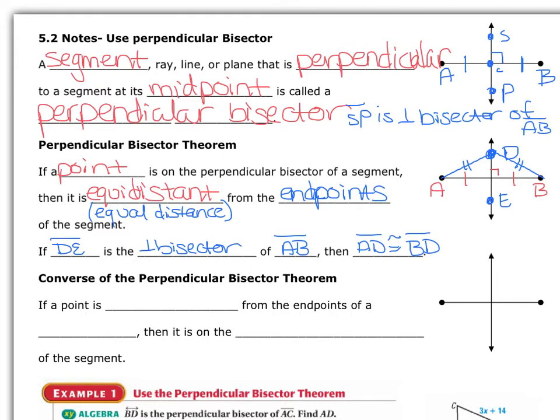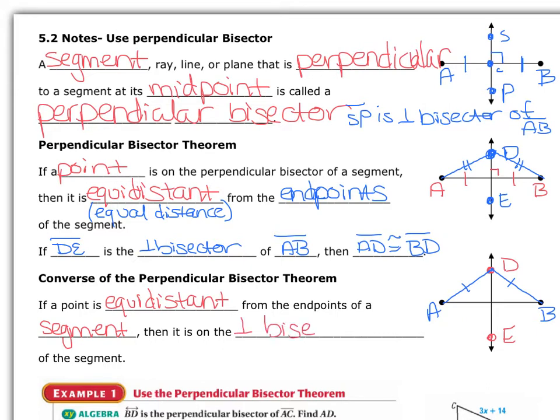So basically, if you know that a point is equidistant from the endpoints of a segment, now we're going to start with this. We know that the point is equidistant to the endpoints of the segment. Then we can conclude that D lies on the perpendicular bisector.